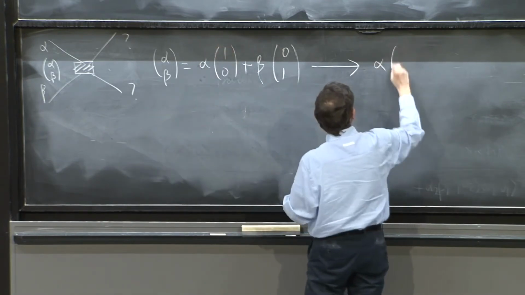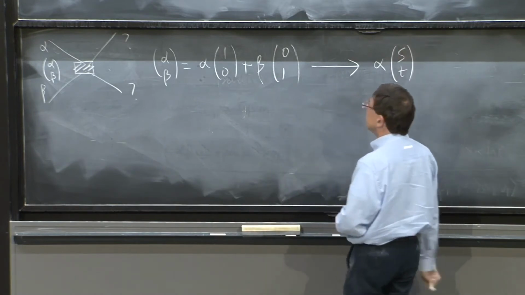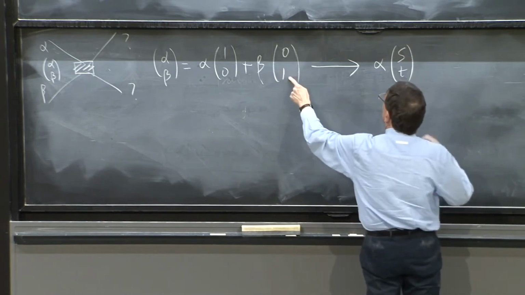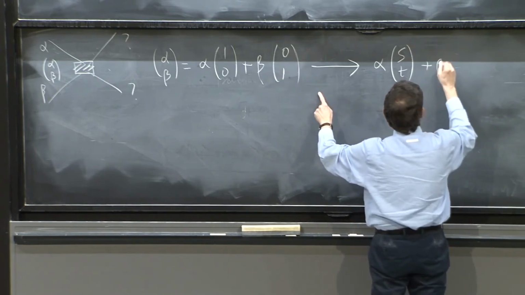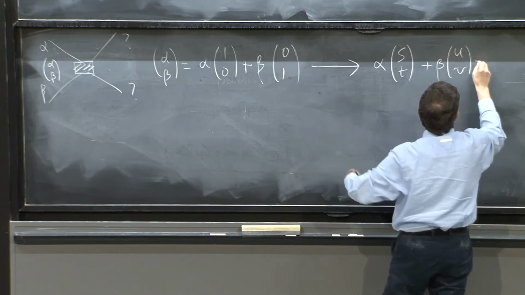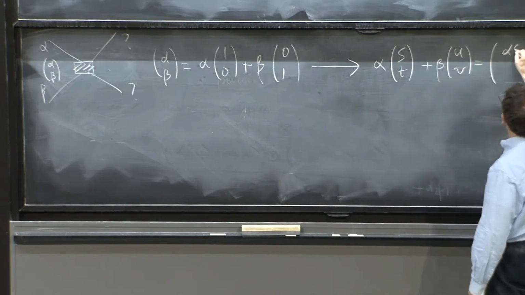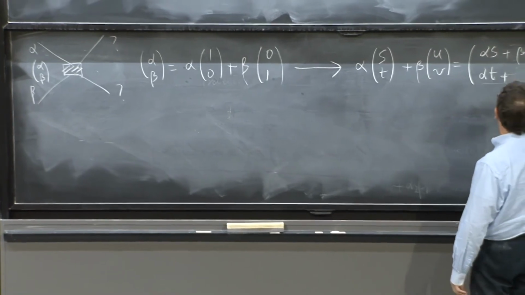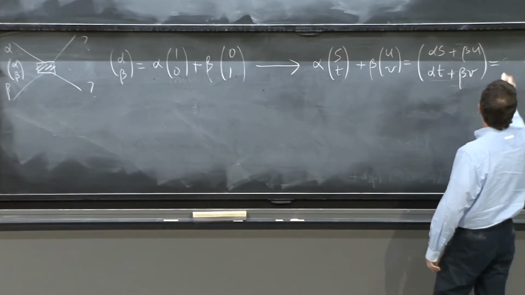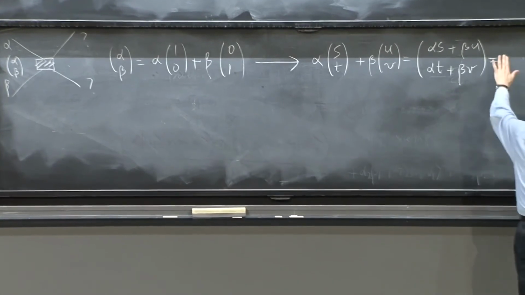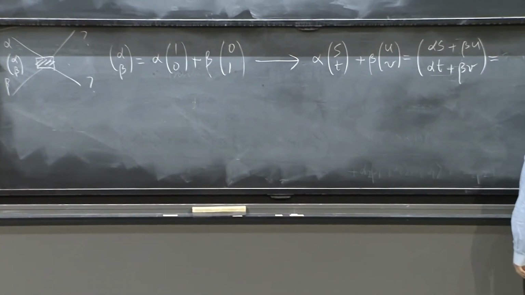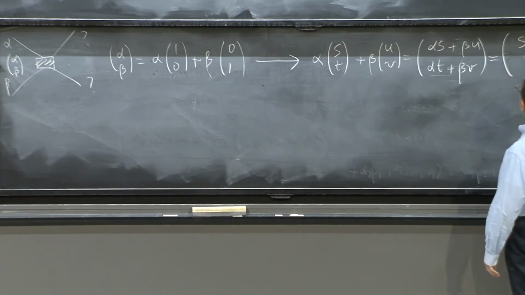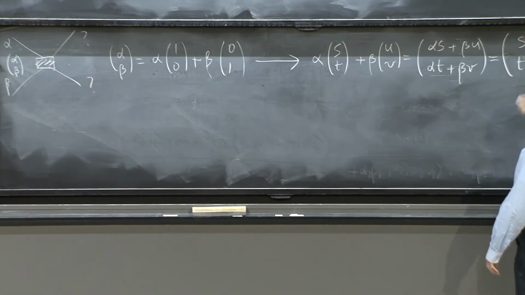But out of the |1,0> gives you ST. And the beta times |0,1> will give you beta UV. So this is alpha S plus beta U times alpha T plus beta V. And I can write this actually as alpha beta times the matrix SU TV.